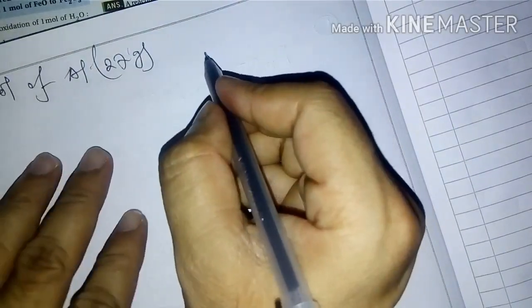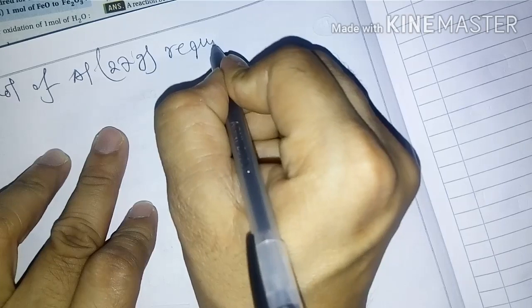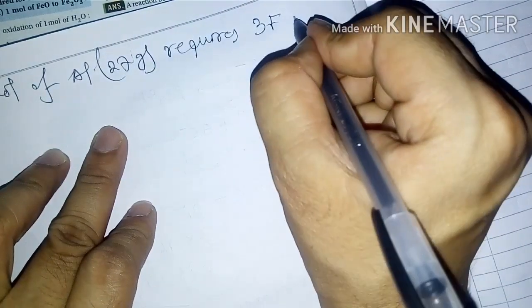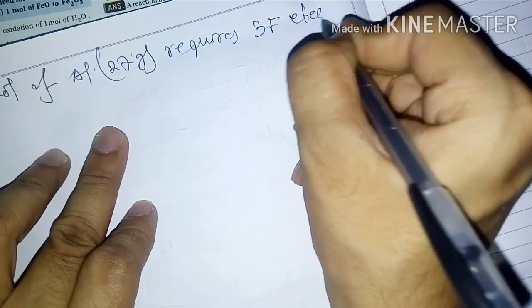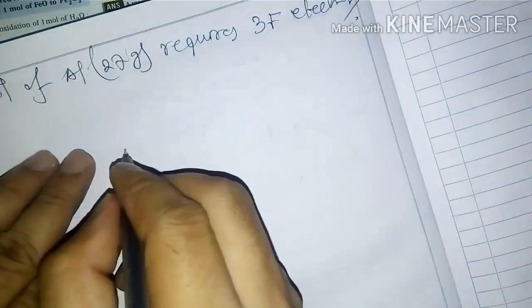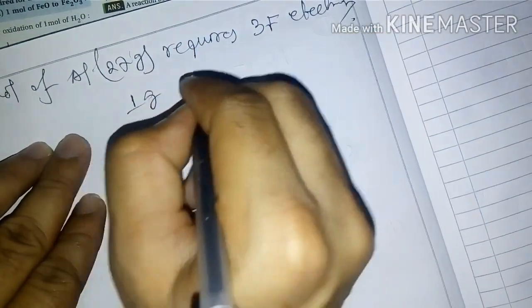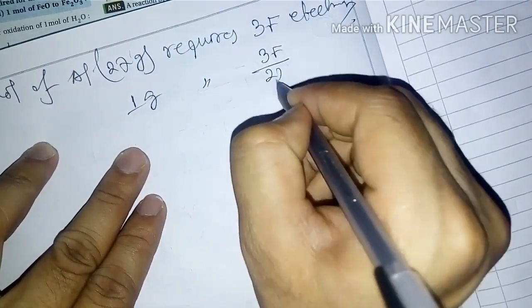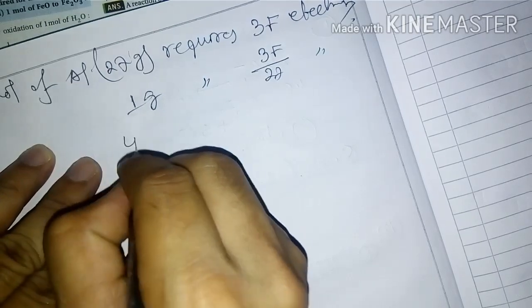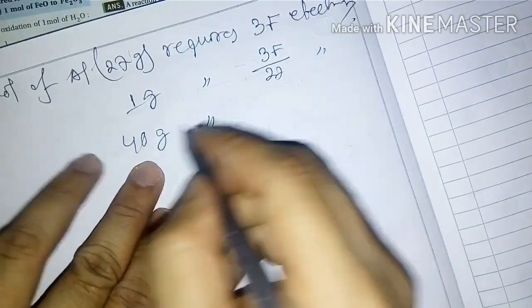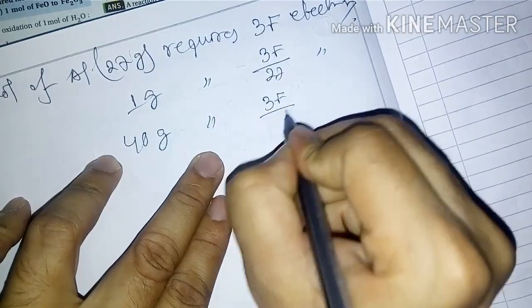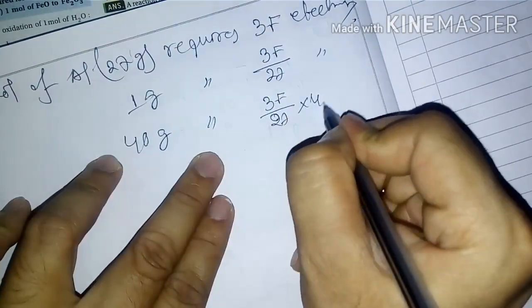Then 1 gram requires 3 Faraday divided by 27 electricity. Then 40 gram, this is the unitary method: 40 gram requires 3 Faraday divided by 27, into 40.